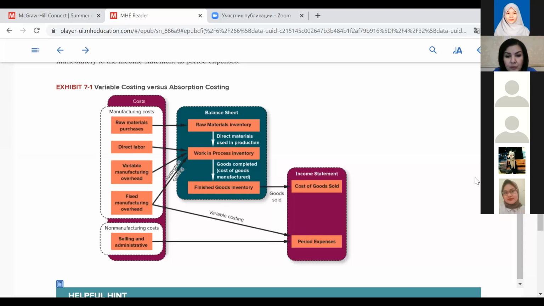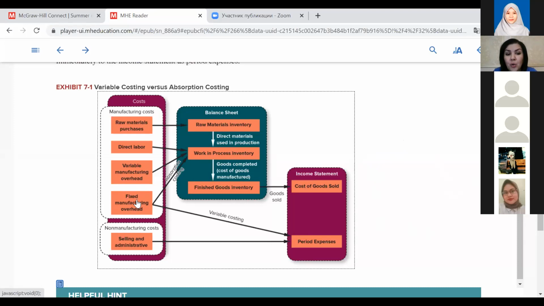Salma, what do you think? Maybe absorption costing, Prof. Yes, exactly. Very good. Under absorption costing, the value of cost of goods manufactured will be higher.